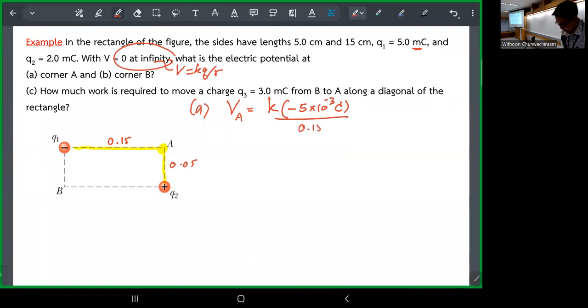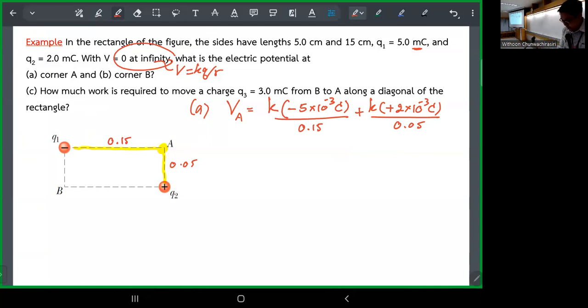That's the VA from the first contribution from Q1 plus K, and Q2 is positive, so it's going to be positive 2 millicoulomb, divided by, now the separation is 0.05. Cool. That is the potential at A.